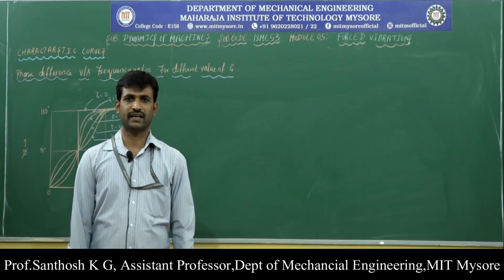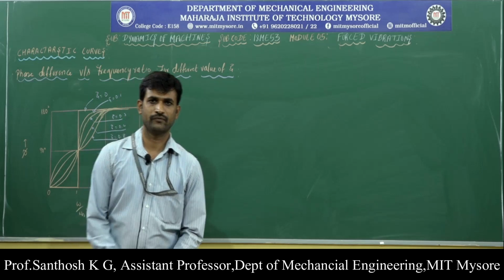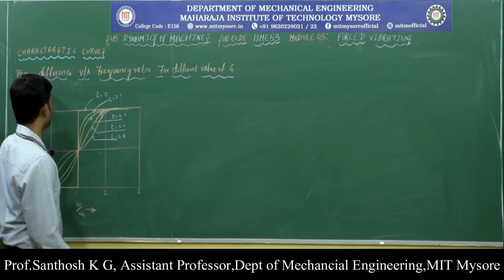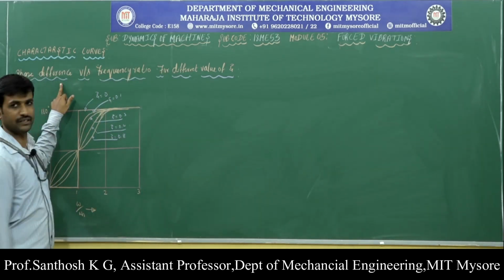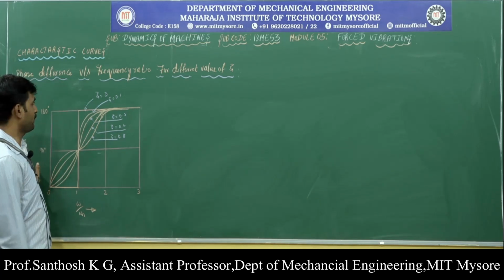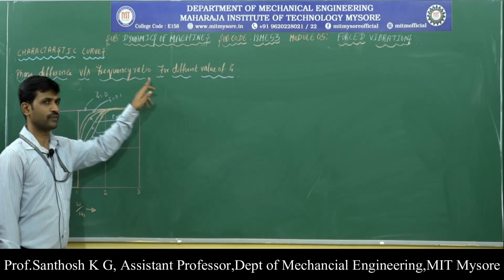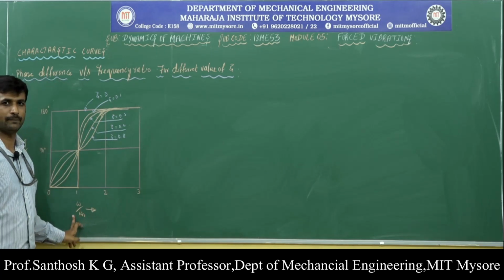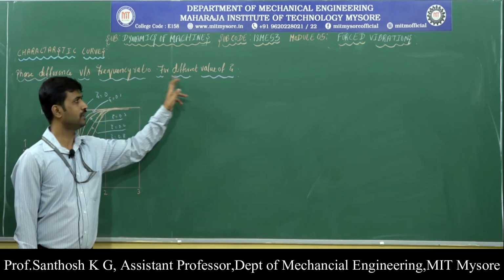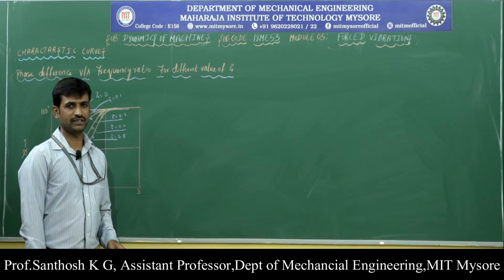The second characteristic curve we have is the variation of phase difference, denoted by phi, versus the frequency ratio omega by omega n for different values of zeta.